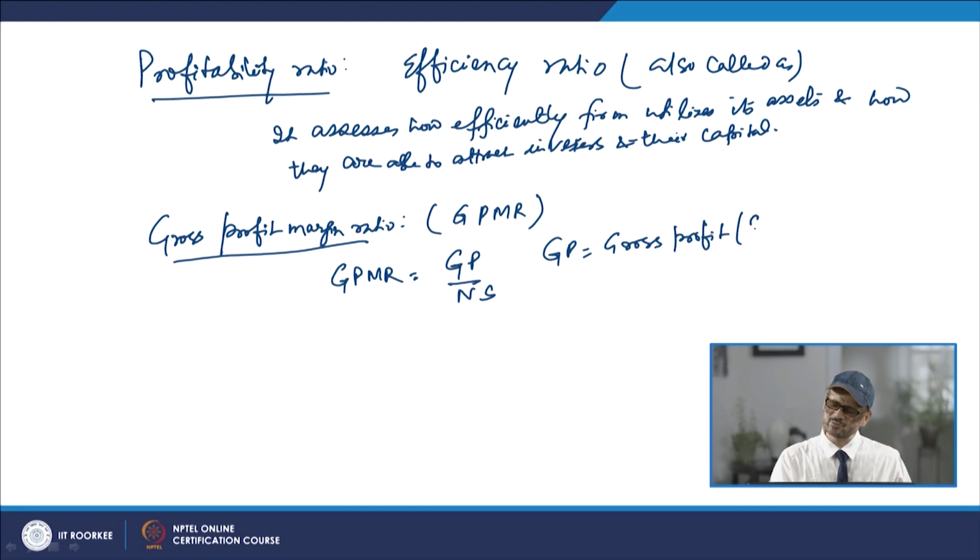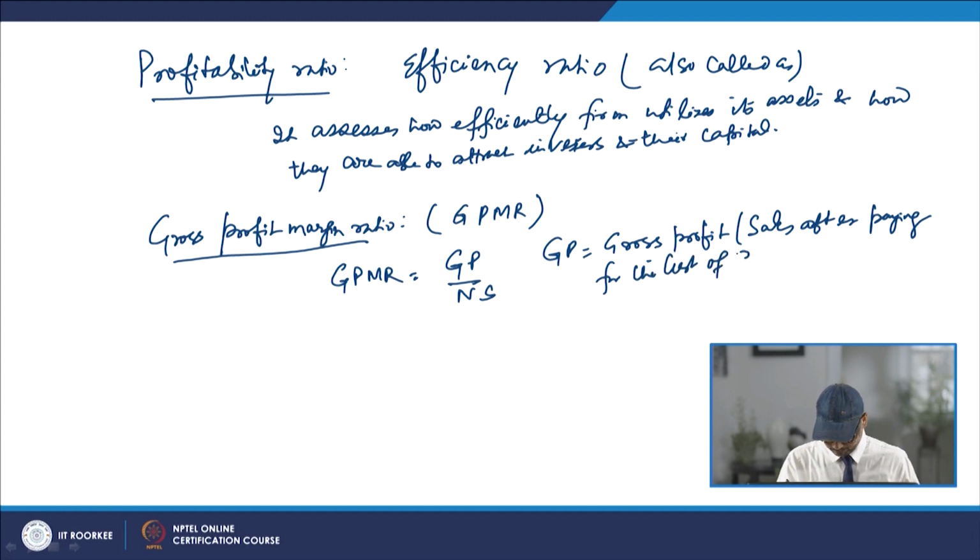GP is sales after paying for the cost of goods sold. That will be your gross profit. NS is the net sales.